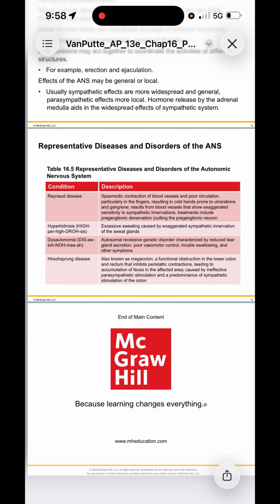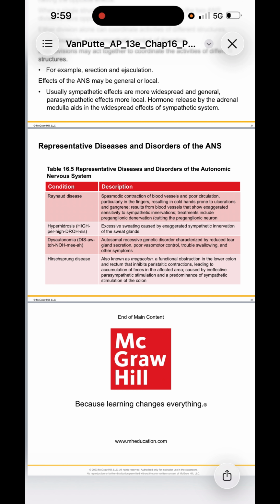Results from blood vessels that show exaggerated sensitivity to sympathetic innervation. Treatments include preganglionic denervation, cutting the preganglionic neuron.